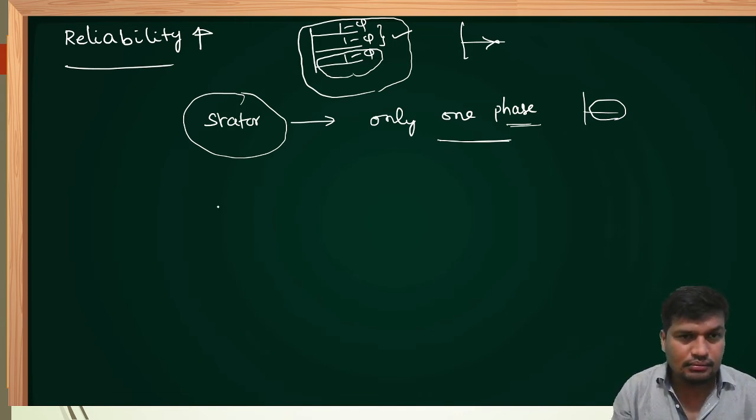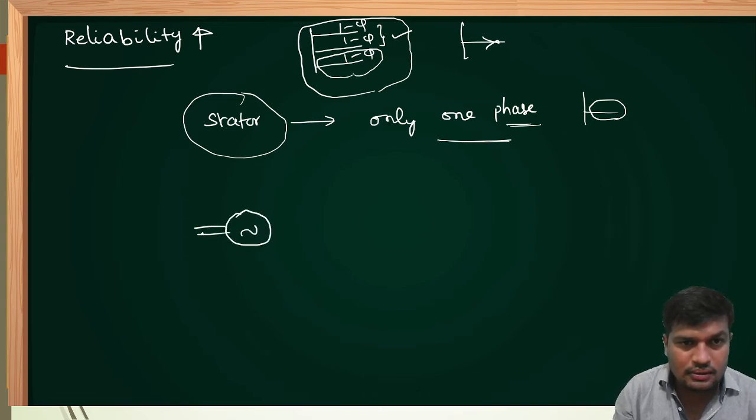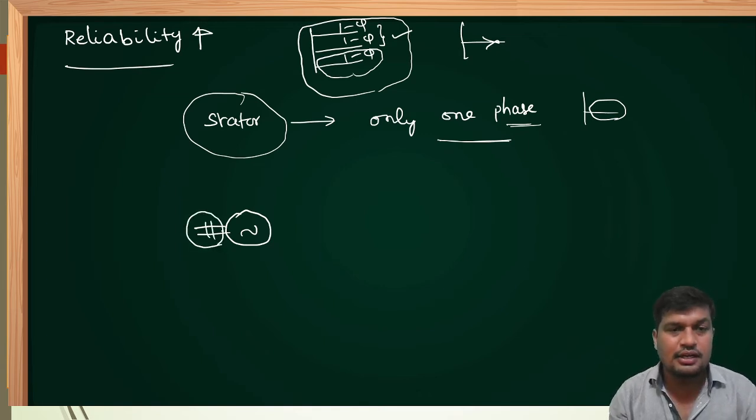Now, the simulation diagram of synchronous generator I am going to draw here. What is the meaning of this? We will discuss in depth when we go for single line diagram. By this symbol I have used here, I will explain in case of single line diagram. This is synchronous generator represented by stator winding, represented by only per phase.